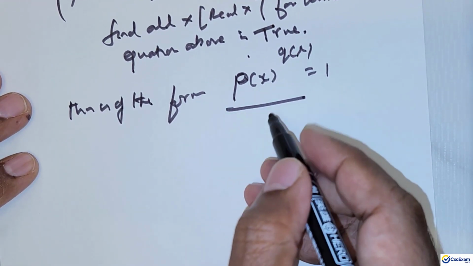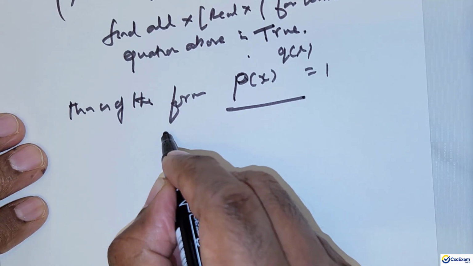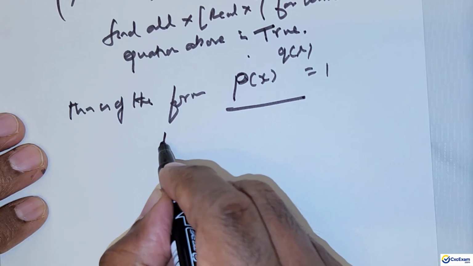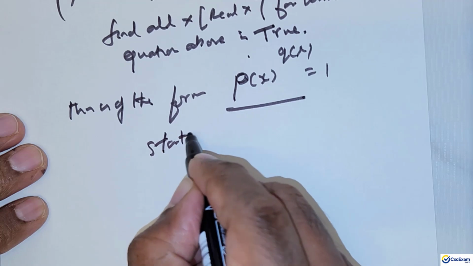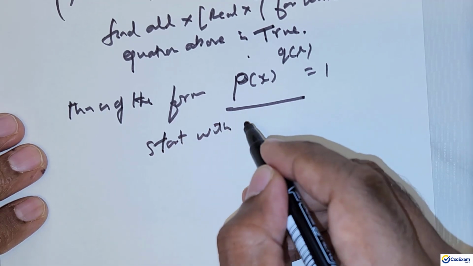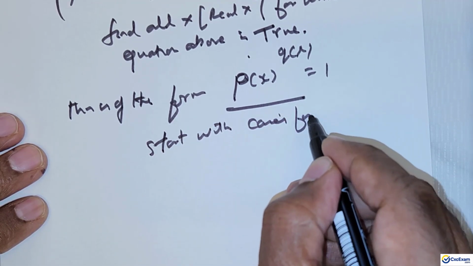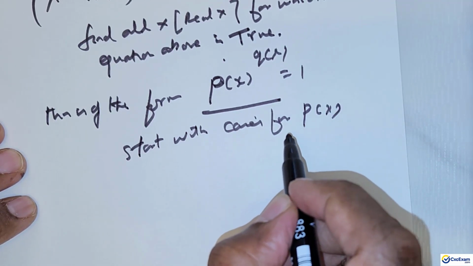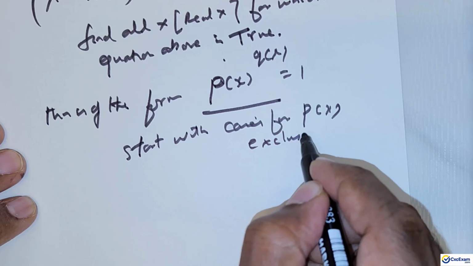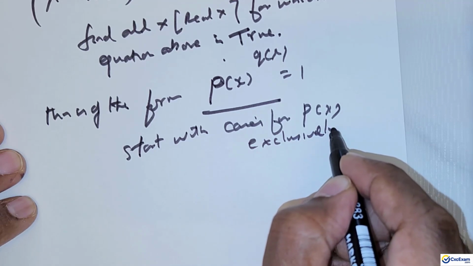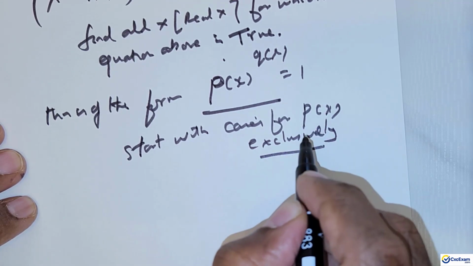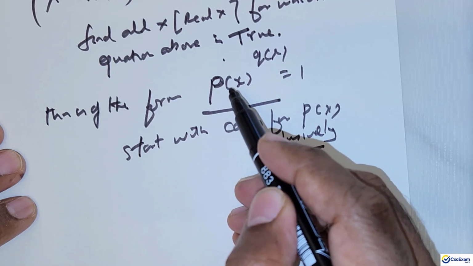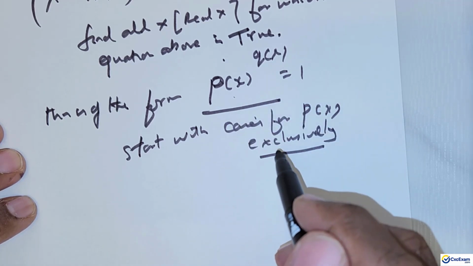Now when we are evaluating this, we will have to start with cases for p of x exclusively, meaning you cannot mix p of x and q of x at the same time.